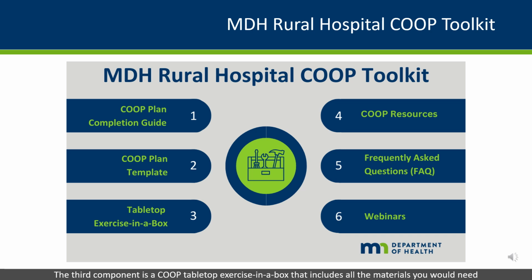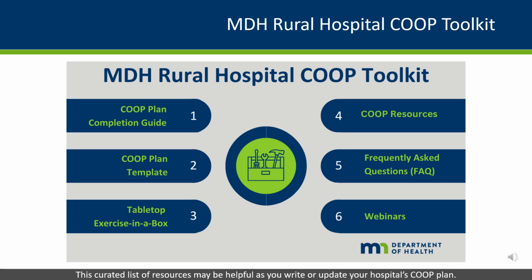The third component is a COOP tabletop exercise in a box that includes all the materials you would need to design and conduct a tabletop exercise at your hospital. The fourth component is a collection of resources related to COOP planning, specifically COOP planning industry standards and best practices.